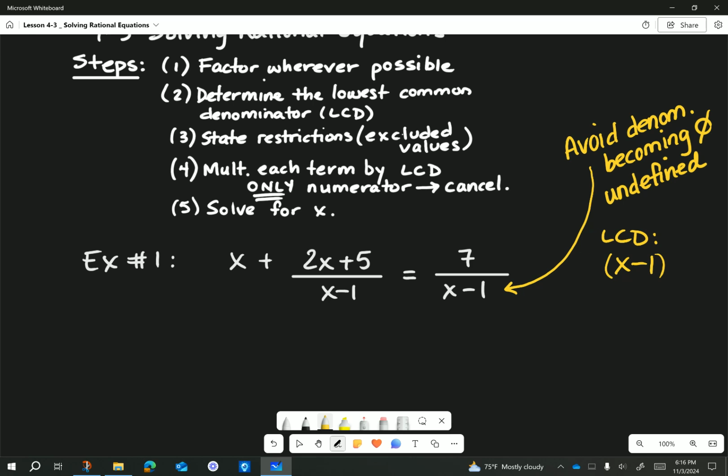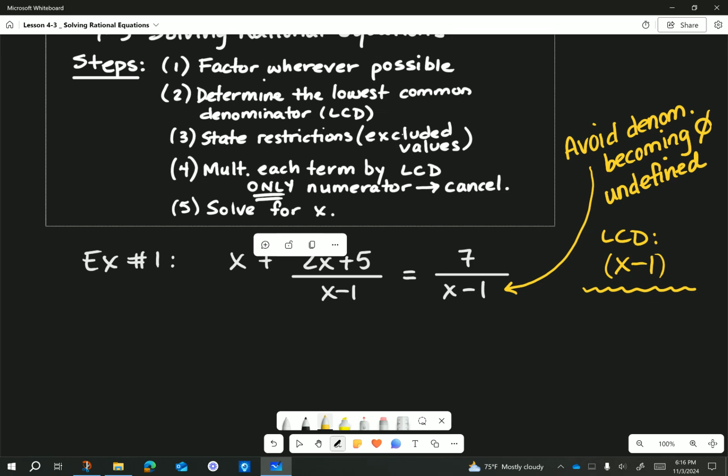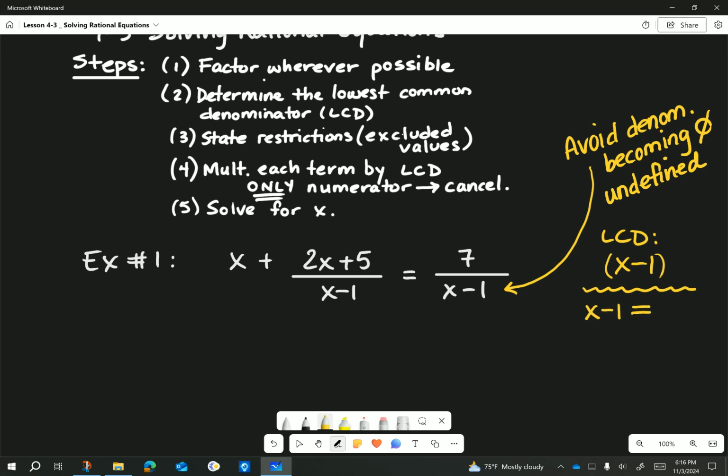So you are going to use what you found in the LCD, okay? So I'm going to do the work again, still working on the side. Take your LCD, every single one that you find, and you are going to tell yourself that you do not want that LCD to become 0 because it will cause your fraction to be undefined. You are going to solve for x, and in this case, I need to add 1 to both sides. And so my undefined value, my restricted value, my excluded value is going to be the positive 1 value.